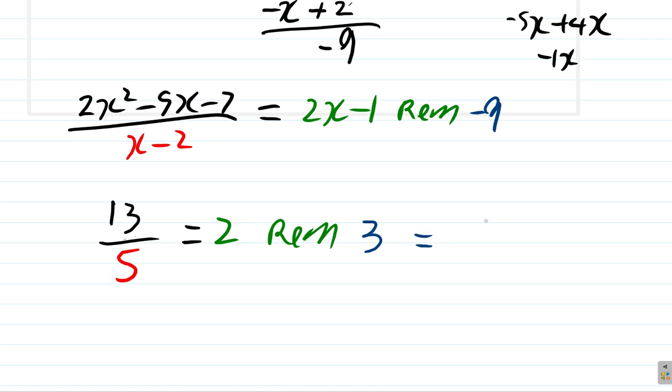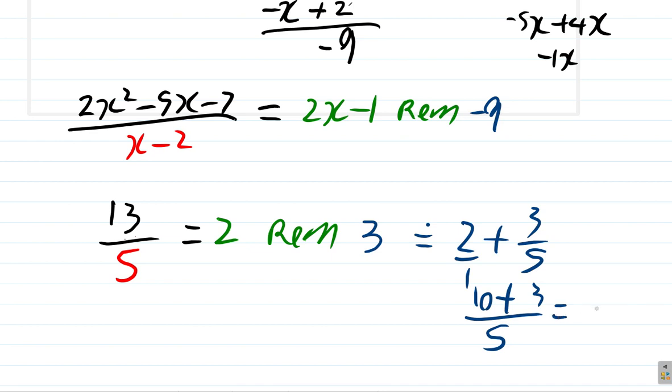Now this is the same as saying 2 plus 3/5. Because if you put 2 over 1, draw the line and find the LCM using fraction, 1 into 5 was 5 times 5, 2 is 10, plus 5 into 5 was 1 time 1, 3, 3. So again, you get 10 plus 3 over 5.